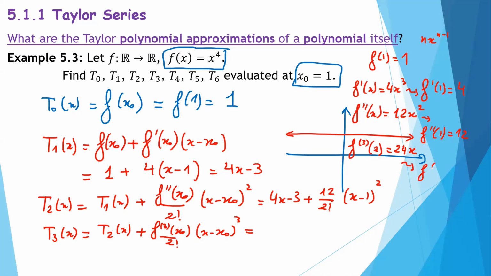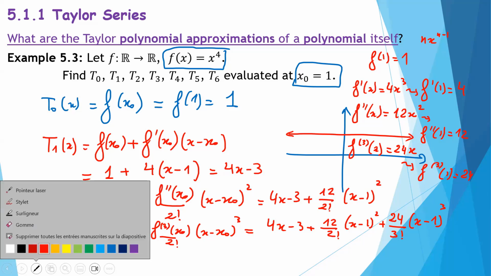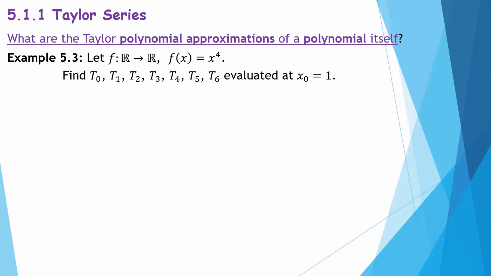What is the third derivative evaluated at 1? 24. So here we'll have this polynomial, and we have an extra term, 24 over 3 factorial times x minus 1 cubed. And so on. And what do we notice if we make the simplification here?